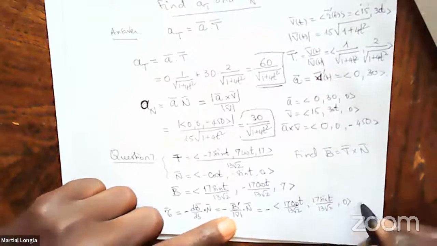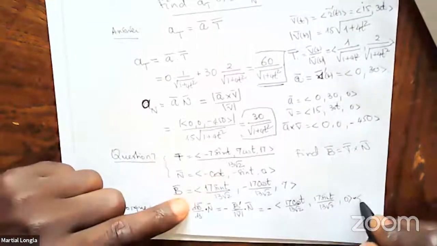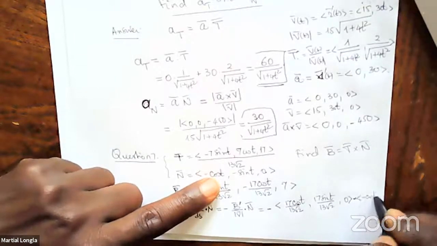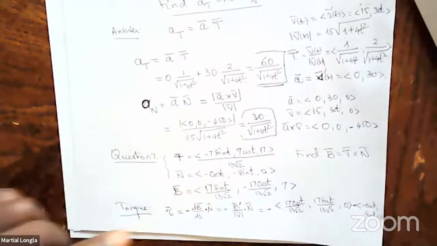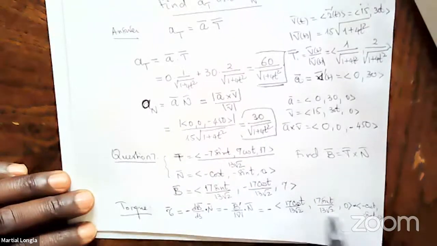That's it. Dot product with the N, and that N is negative cosine t, negative sine t, 0. And then over the magnitude of v.